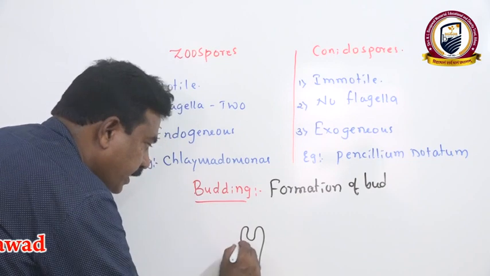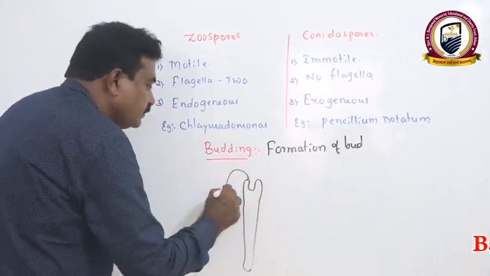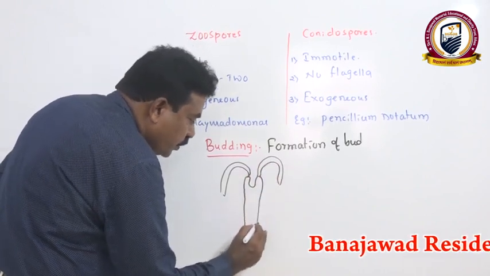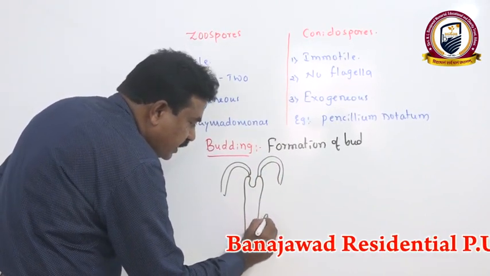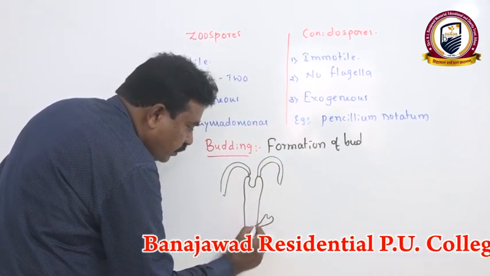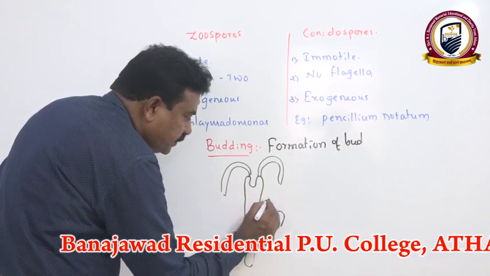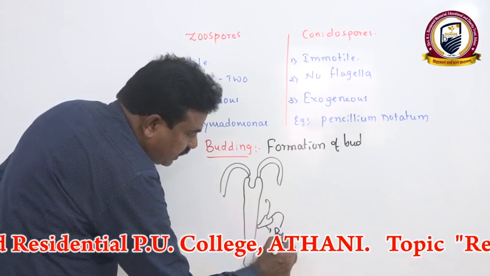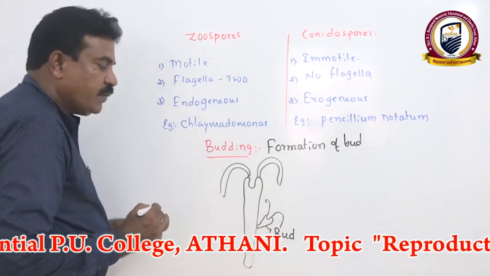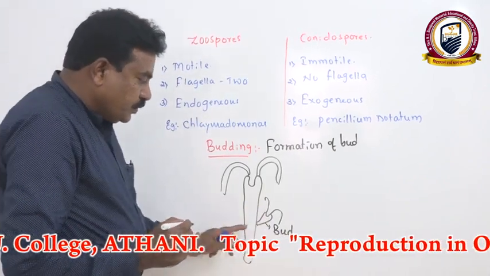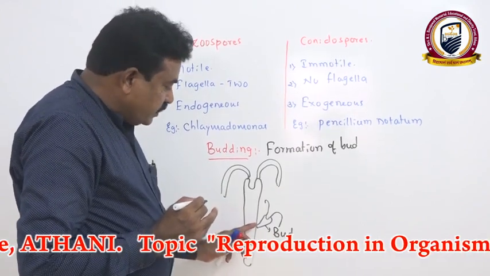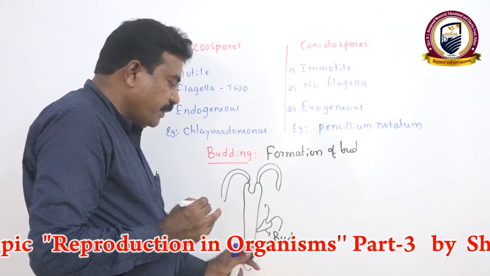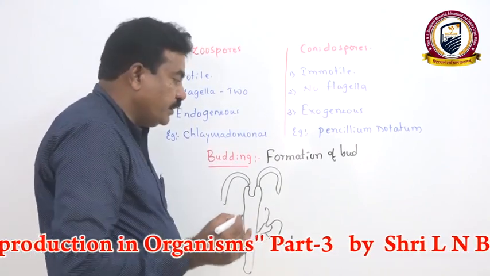In case of Hydra, generally on the parental body, a small protrusion develops, and later it looks like a bud. Here it has a loose link, and this specialized structure we call a bud. Due to accidental or mechanical disturbance, this bud may detach from the parent and become a new individual.